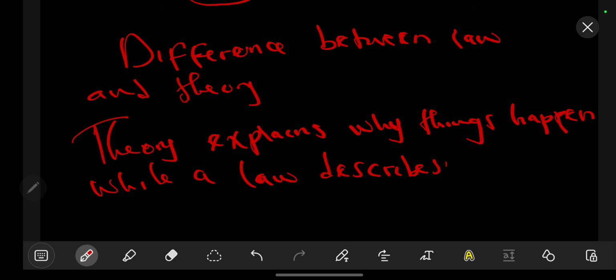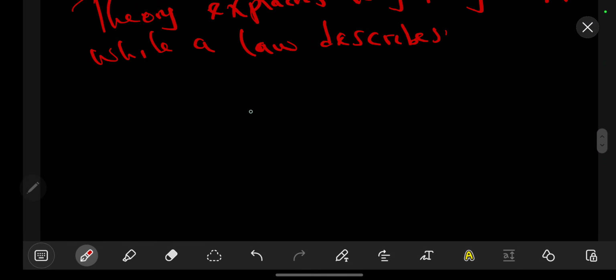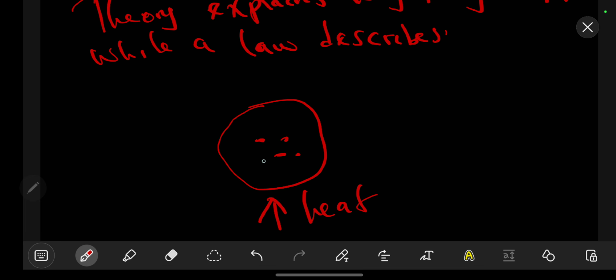So a law shall describe. For example, let's say you have gas particles there. When you apply heat, they begin to expand. Under the law, you will just describe that as long as I apply heat, the volume increases or it expands.